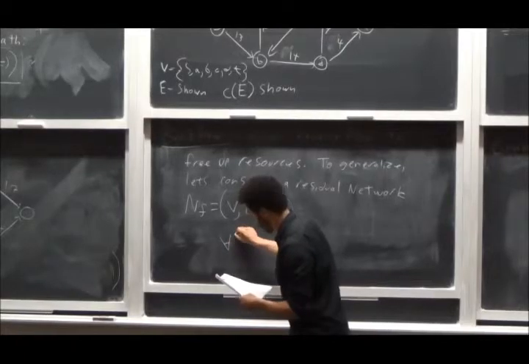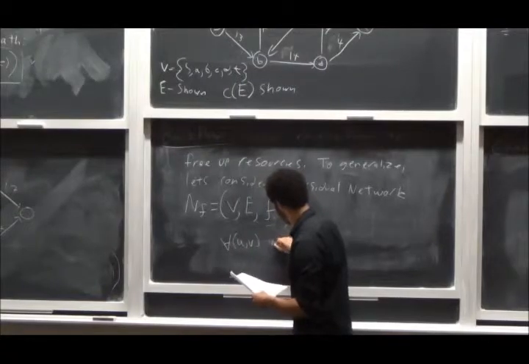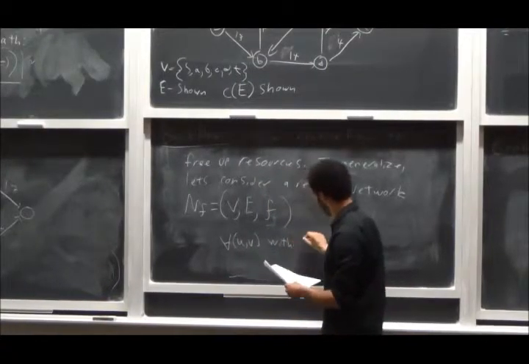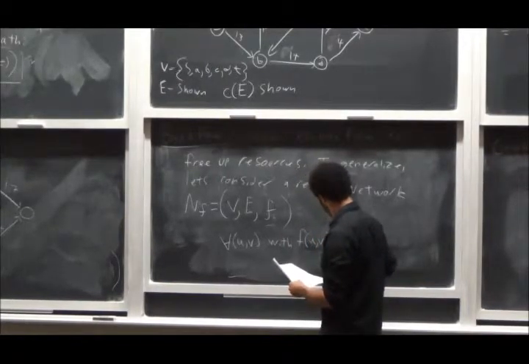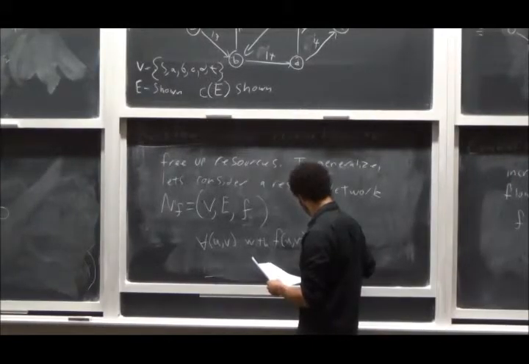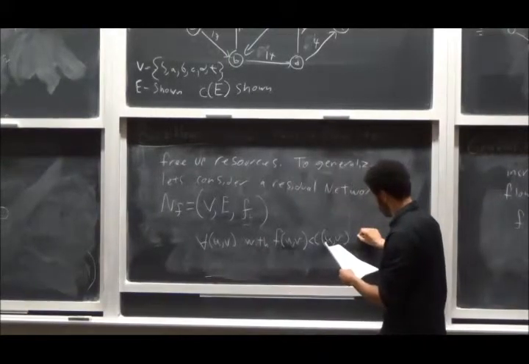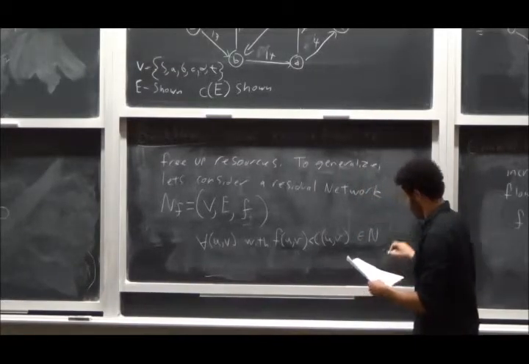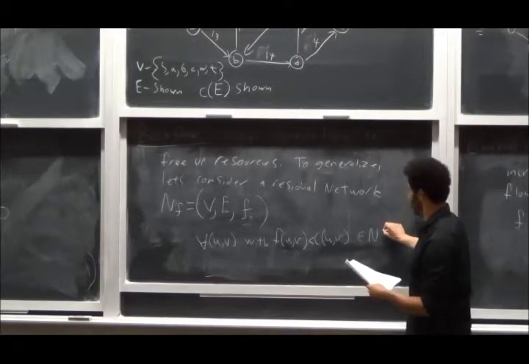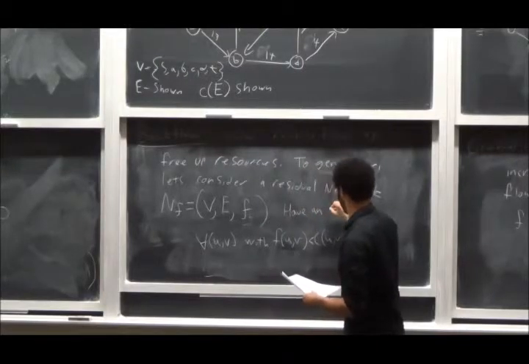But the general idea is that for all U's and V's, so for all the edges that have... So we want to have an edge for all these conditions, and an edge in this network.